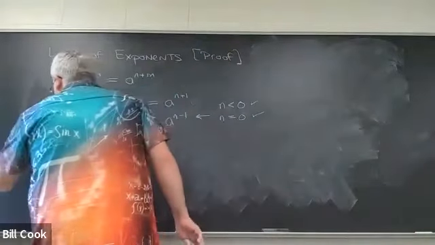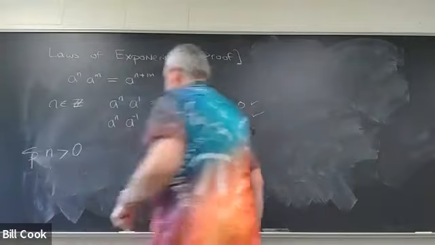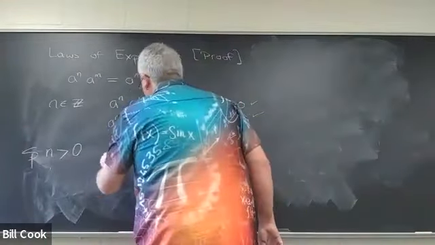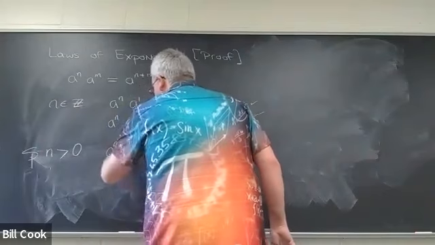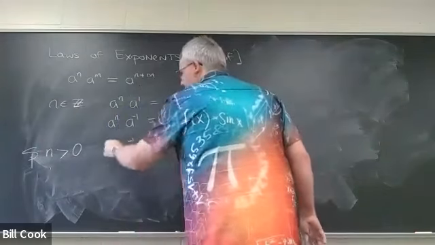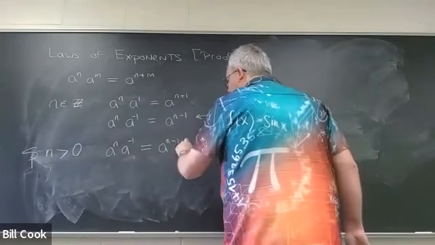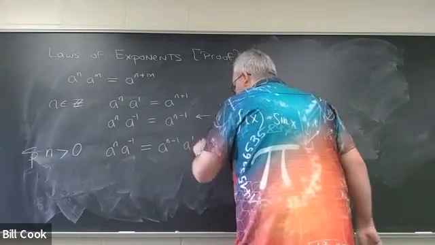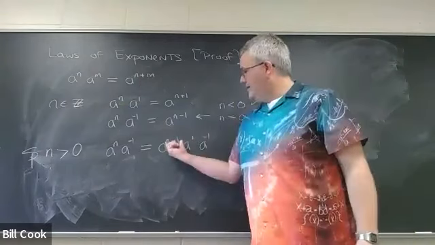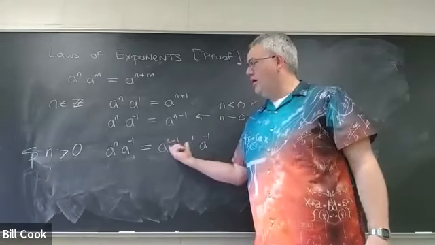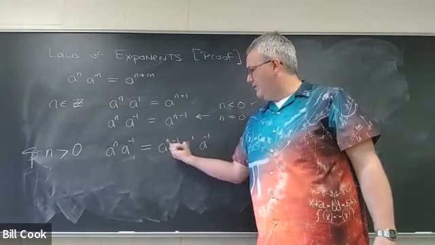Okay? So let's suppose that n is now positive. All right, well, if n is positive, then A to the n times A inverse. Since n is positive, I can rewrite that as A to the n minus 1 times A to the first, because this is non-negative. That's using the definition or a law of exponents when n is 1.